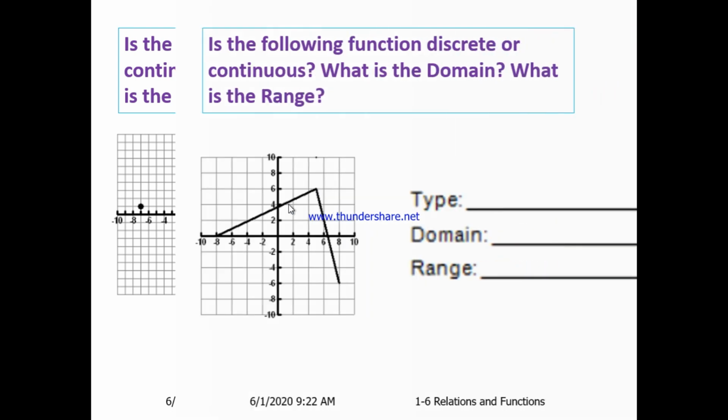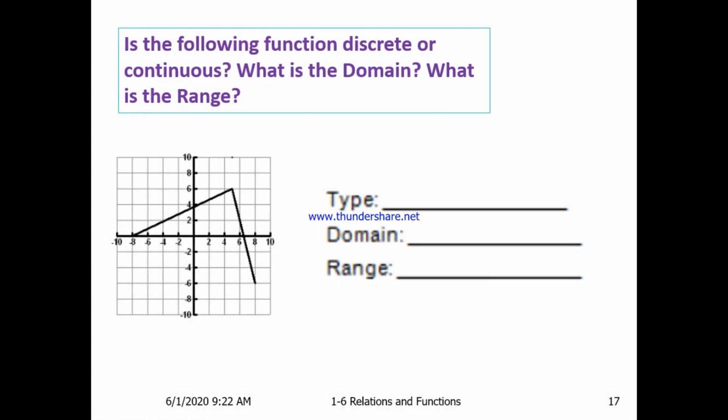Okay, next example. Here, what type of a function? Of course, since it is connected, meaning the domain takes all of real numbers. So this is continuous. Now, the domain will start since continuous man na siya.